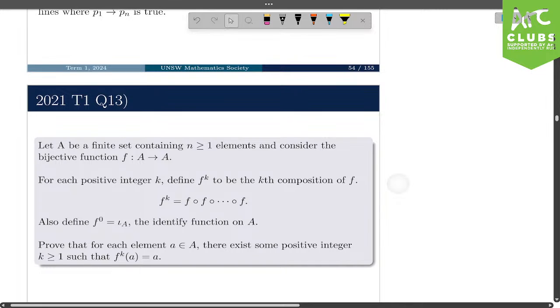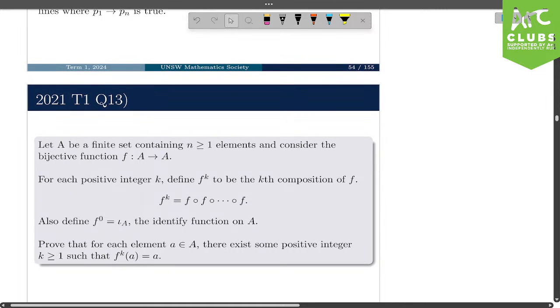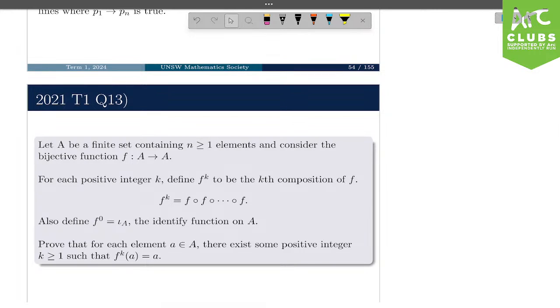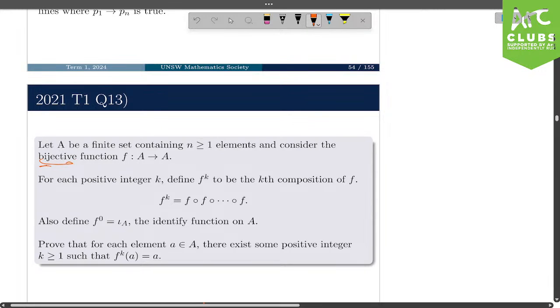All right. We're going to move a bit away from the logic stuff, and we're going to look at proofs. So we have a function. Remember, this is a bijective function. A bijective function is one that's both injective and surjective. And remember the definitions of what those mean.